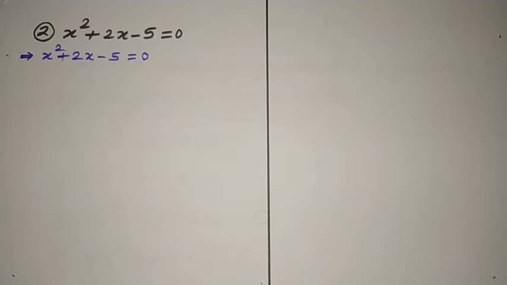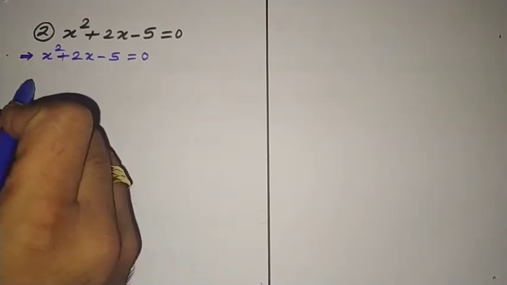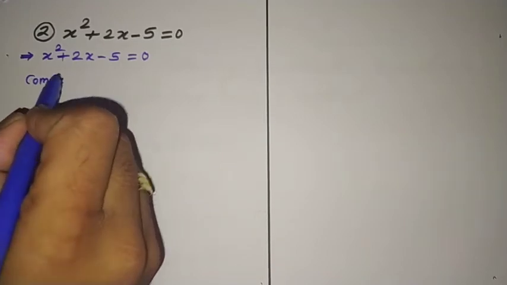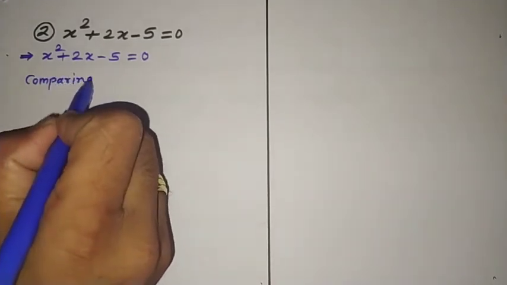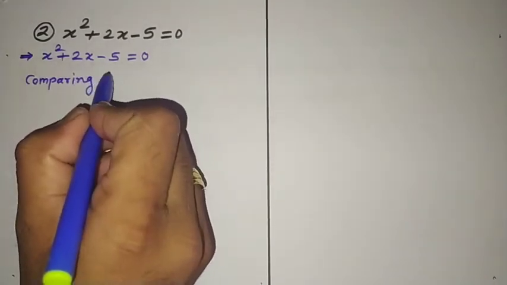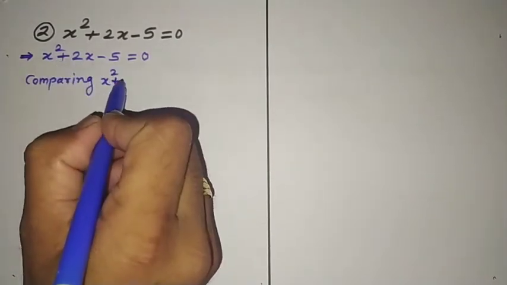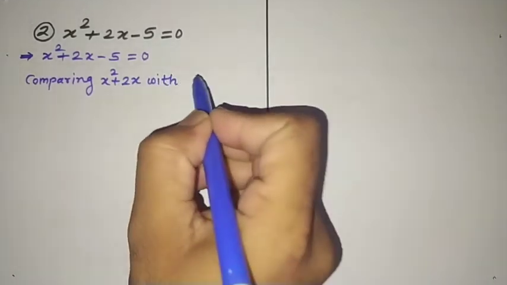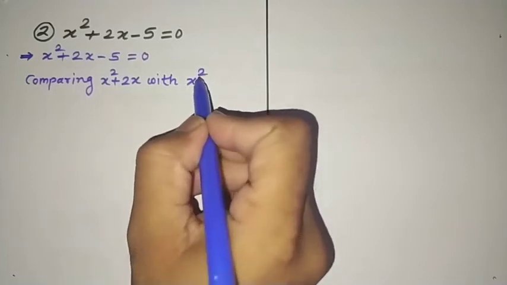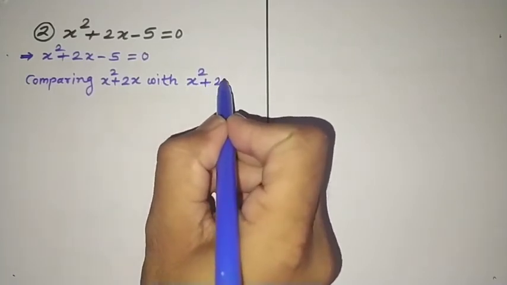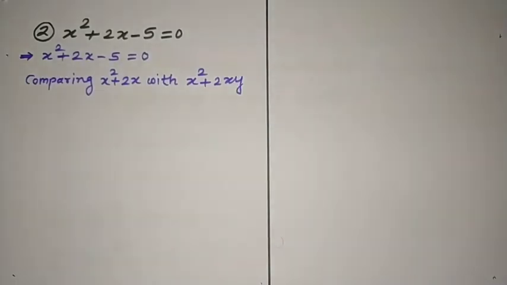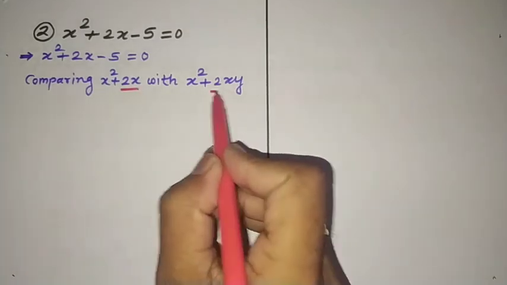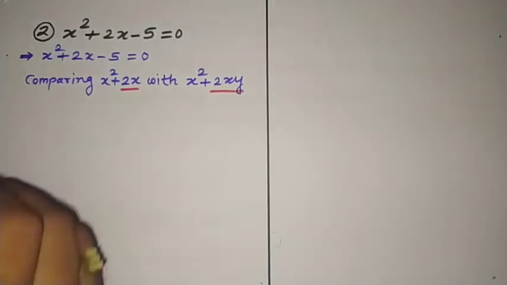Comparing the first two terms of the left side with x square plus 2xy. Then compare the two terms: 2x and 2xy.